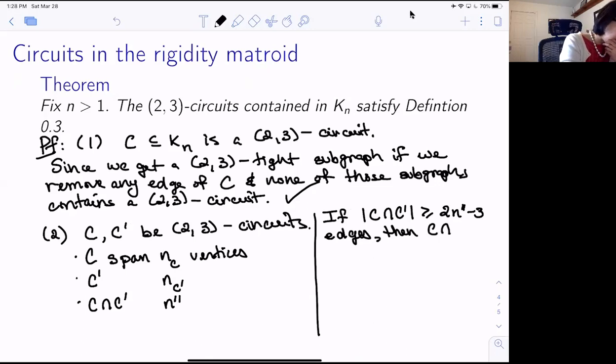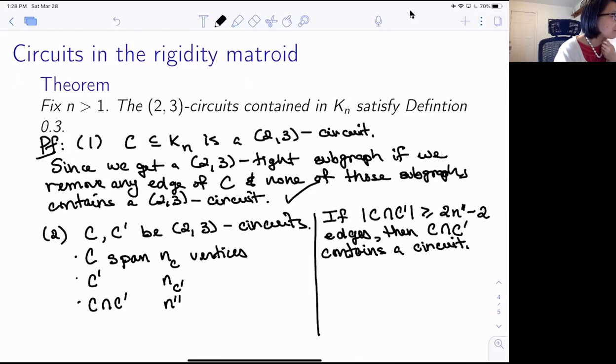I wanted to say, if it has more than 2n double prime minus 3 edges, then C intersect C prime contains a circuit. And that's from one of the lemmas in the book, in the Henneberg 2 and Laman's theorem section, or LPG theorem. We're going to say LPG theorem in our class.